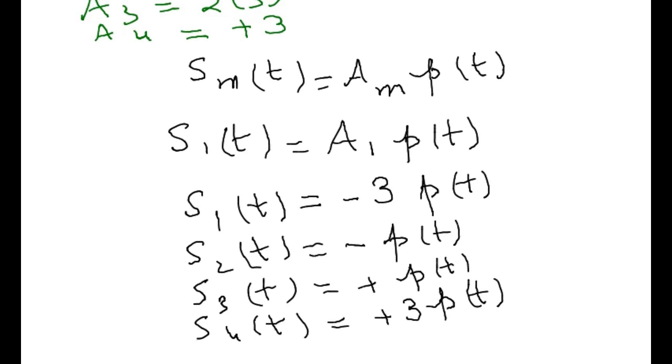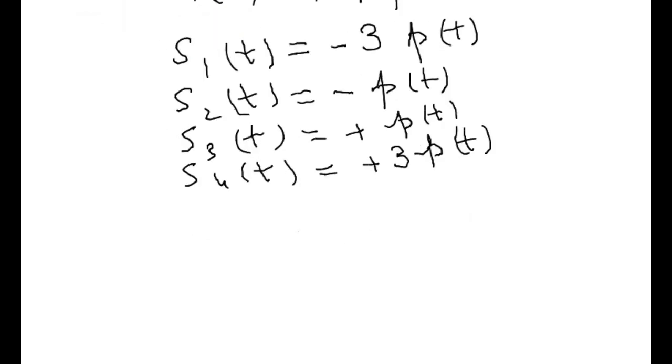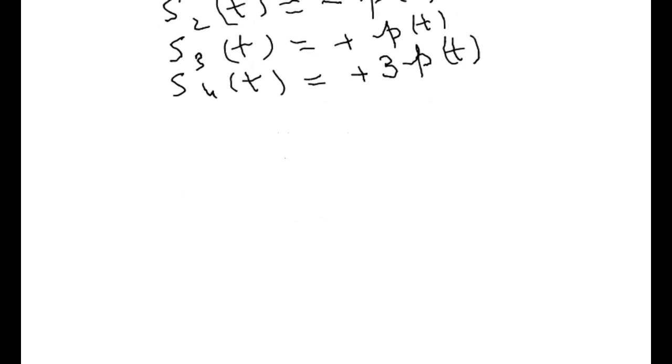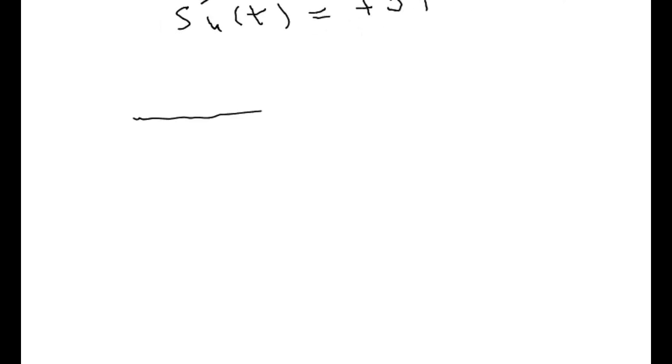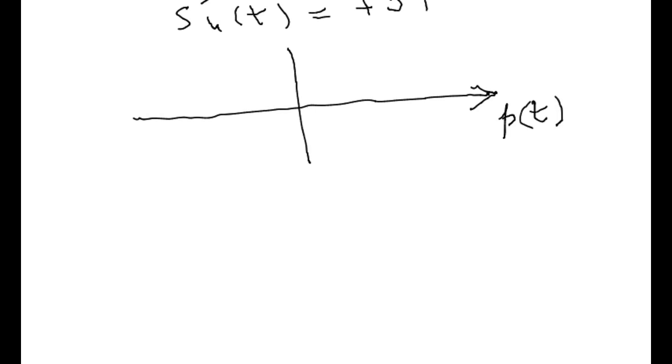You are familiar with the dimension because I hope that you are well familiar with the Euclidean space, right? So if you are having a one-dimensional signal, you can plot it in this form. Say this is my p of t axis, so you can have a 0 over here, the origin, and now you can identify the signal points.